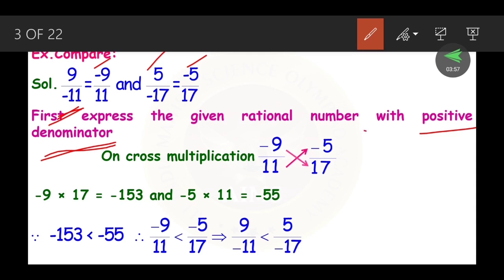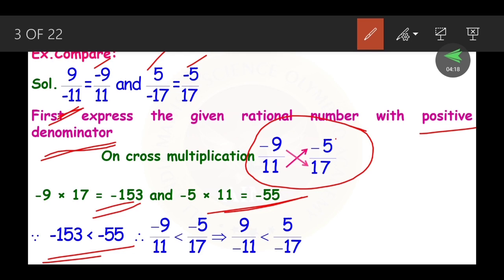After that, we have to cross multiply according to method 2. 9 times 17 is how much? 153, so minus 153. Minus 5 times 11 is how much? Minus 55. So here minus 153 is less than minus 55.